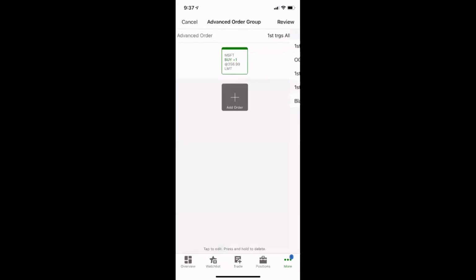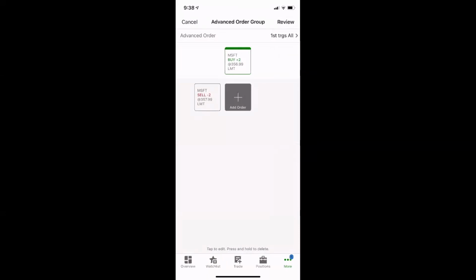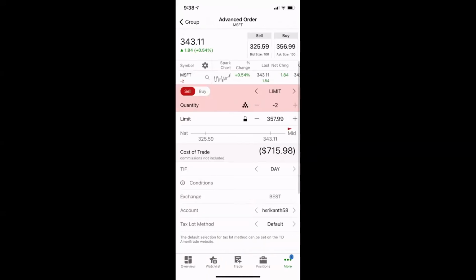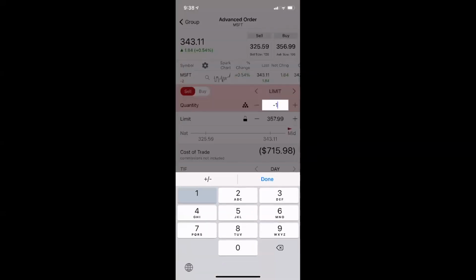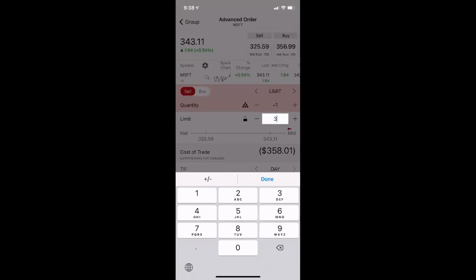Here I do a first triggers all, where I'm trying to buy Microsoft stock at $356, and at the same time I want to sell it. Here I'll buy two stocks, and I will sell one stock for the target 370.